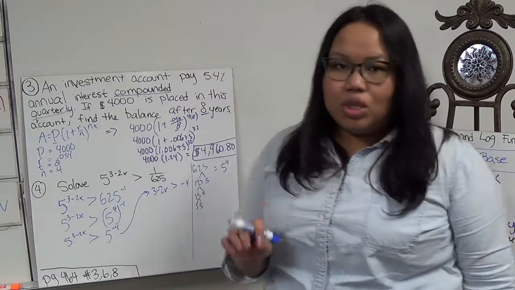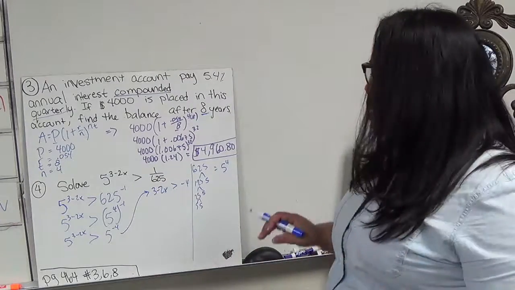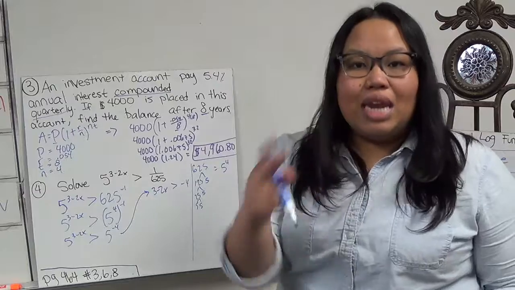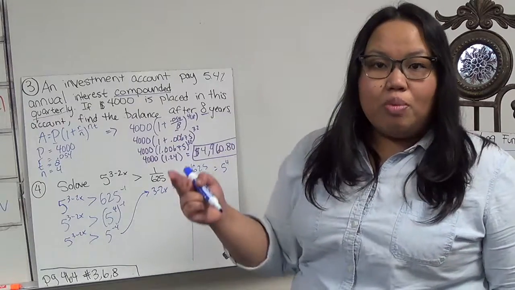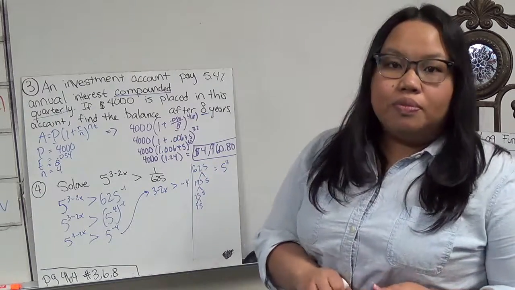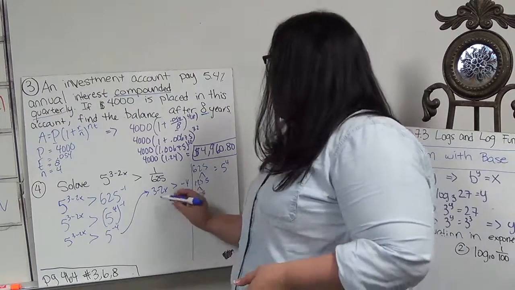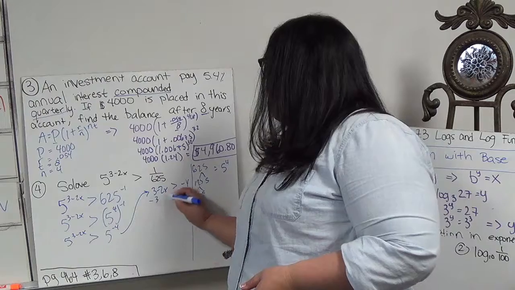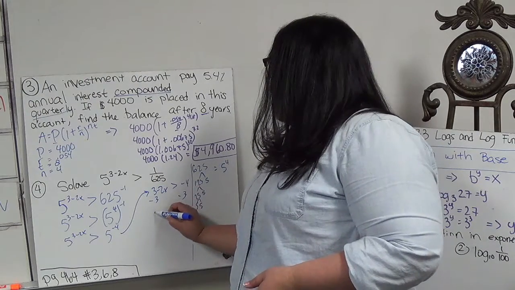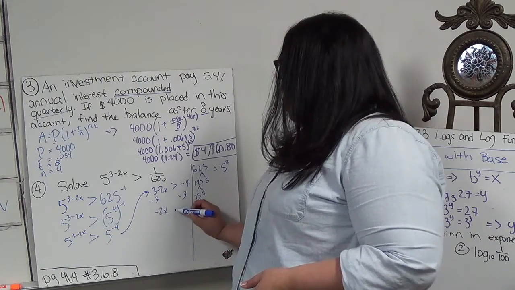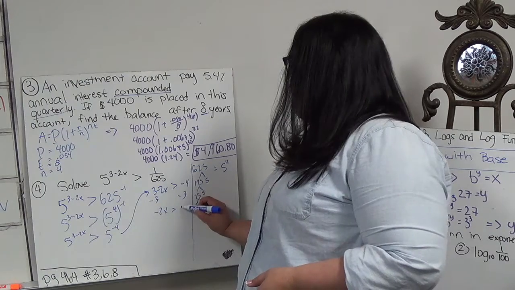Now, I just treat this like an equal sign, except the only difference is that when I multiply or divide by a negative, like when I want to bring a negative over by multiplication or division, I have to flip the sign. But other than that, I treat it like an equal sign. I subtract 3 from both sides. I end up with negative 2x is greater than negative 7.